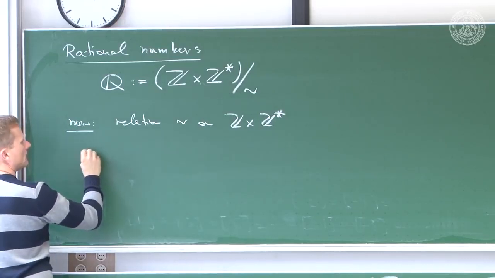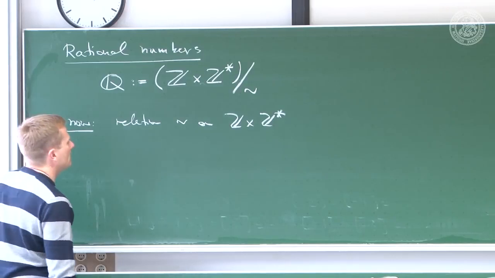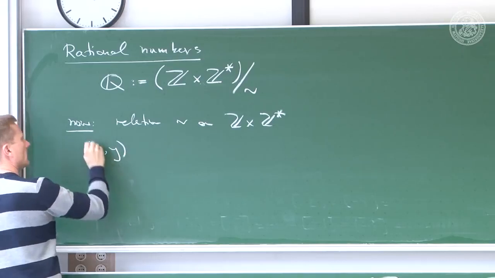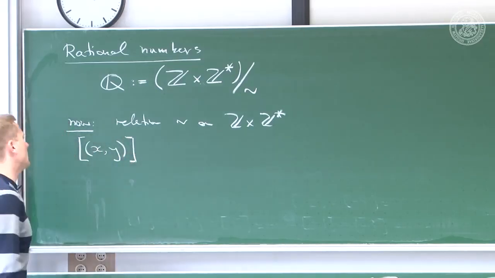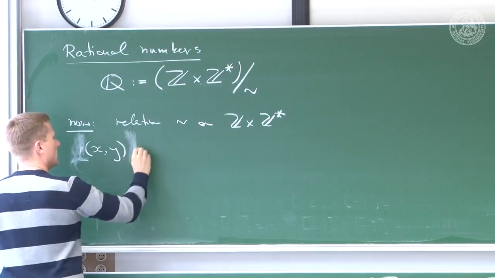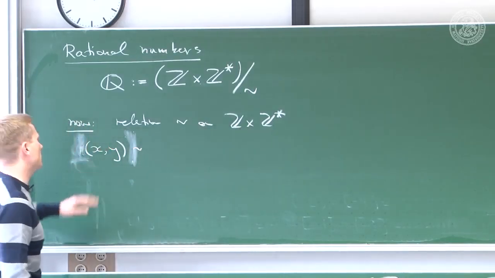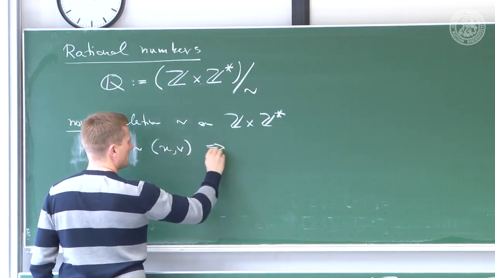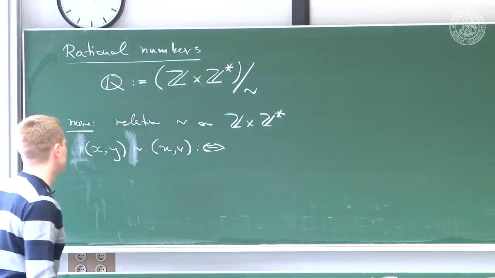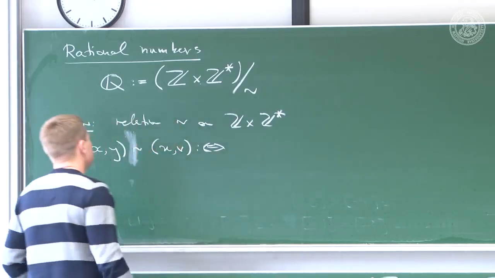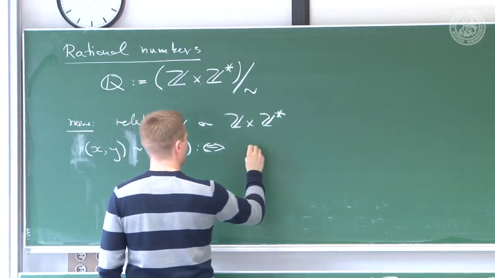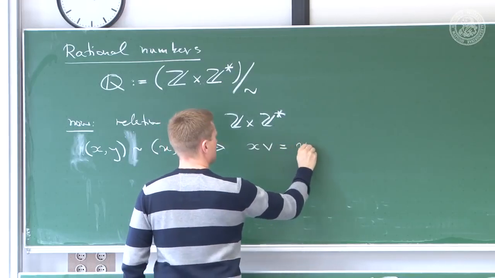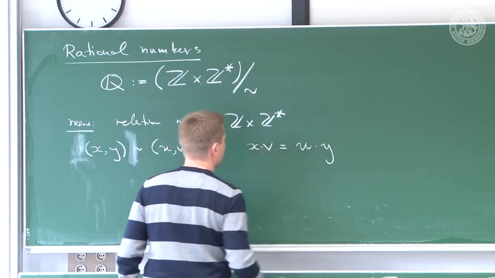A pair, let's again call them, well, maybe call them differently, (x, y), an element of this Cartesian product, is by definition equivalent to a pair (u, v) if xv equals uy.